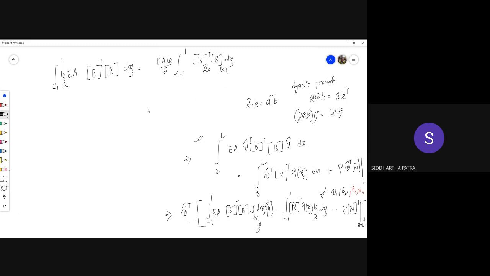Write these down and do them. How would B transpose look like? Given B is something like this. What is the expression for B?